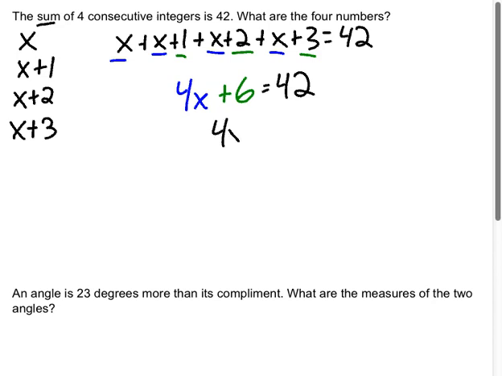Minus a 6 from both sides gives you a 36. Divide by 4 gives you 9. So what it's telling me is my first number is going to be 9. So the first one is 9, then the other consecutive integers are going to be 10, 11, and 12.